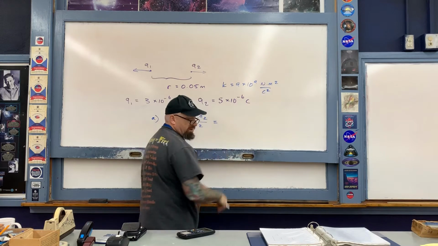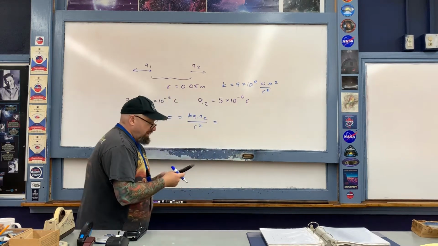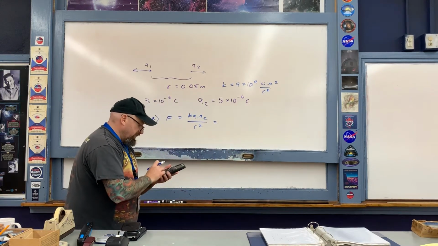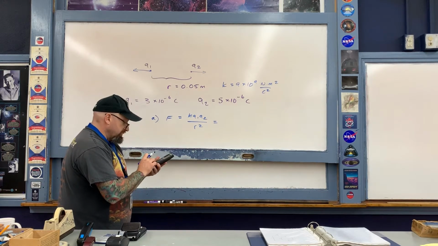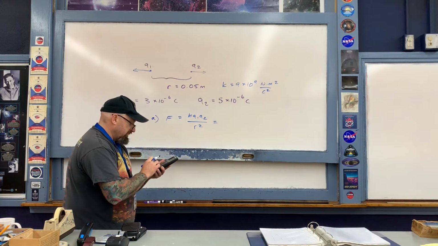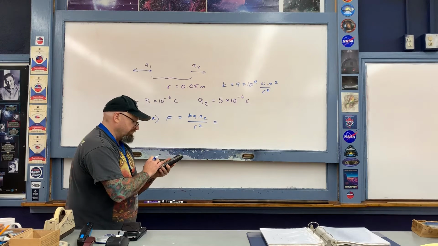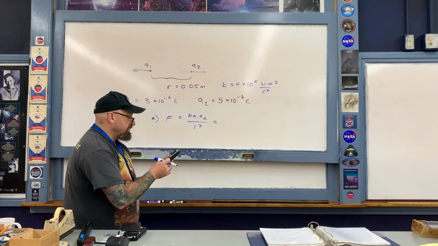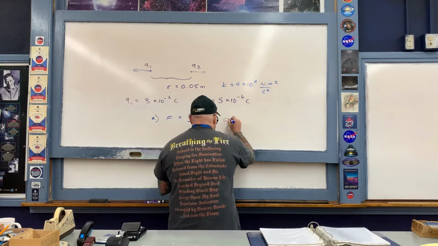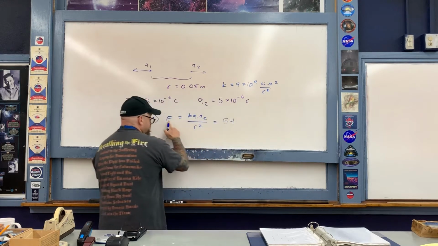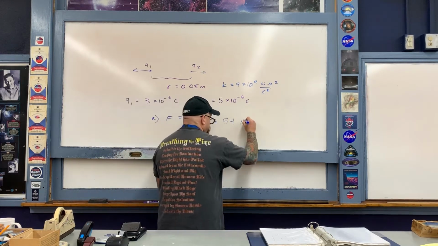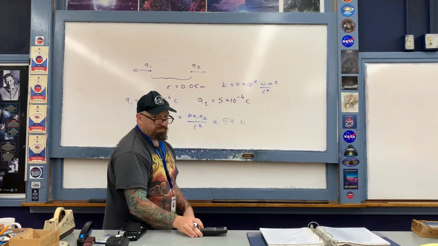So let's go ahead and calculate this out. Just plugging everything into my calculator, I first have K, and then multiply by the two charges, so times 3 times 10 to the minus 6, times 5 times 10 to the minus 6, and then I divide by the distance squared. If I divide by 0.05 squared, this ends up being 54, and we're talking about force here, so it's in terms of newtons.